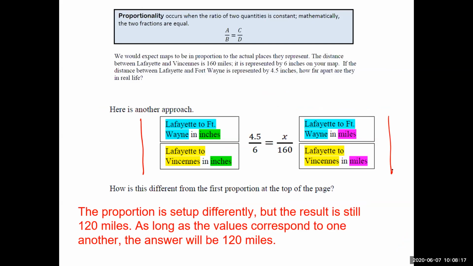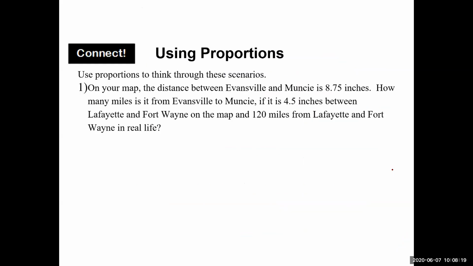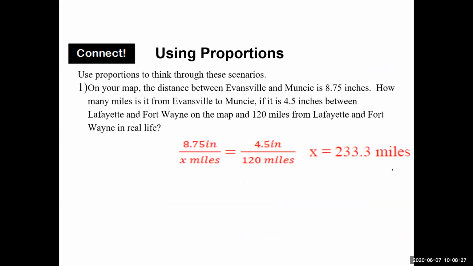Is that okay? Now, let's get into some examples. So I'm going to pull this up for you. This is similar to what we just looked at. Here, we're going to set same unit horizontally, and you get the same result. You can decide to use a different setup and you still get the same answer.